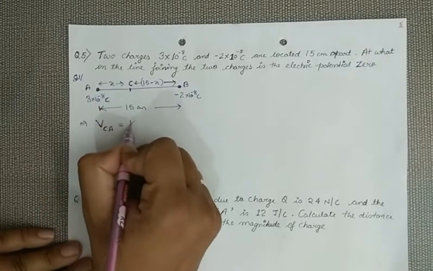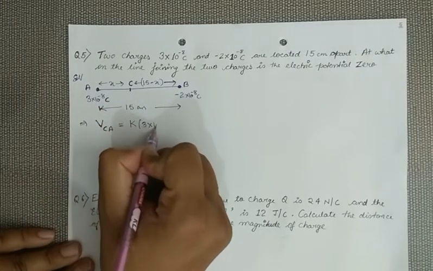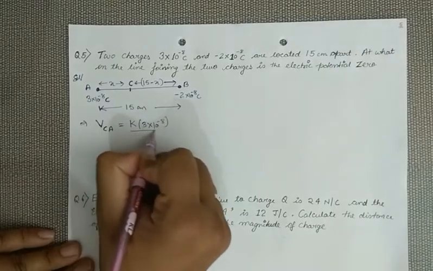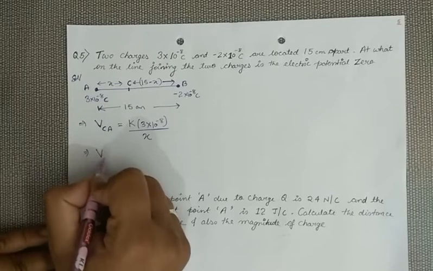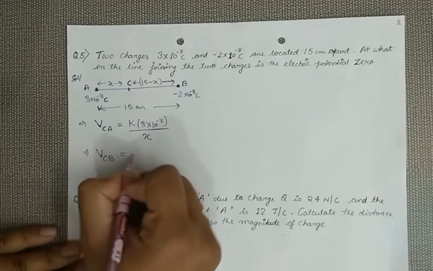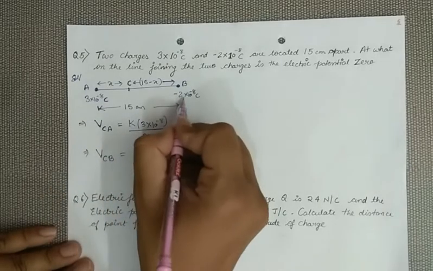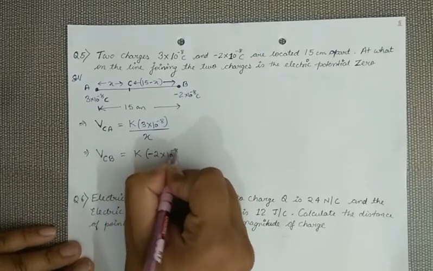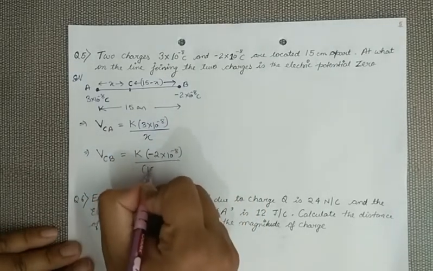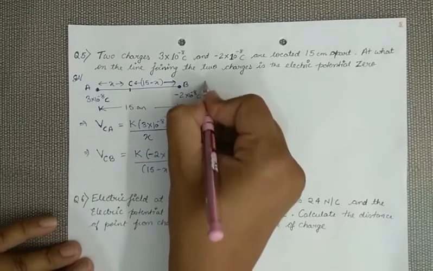The formula is K into charge upon distance, and distance here is x. Similarly the potential at C due to B is K, but this time I have to take minus because it is a negative charge. So minus 2 into 10 to the power minus 8 upon 15 minus x.